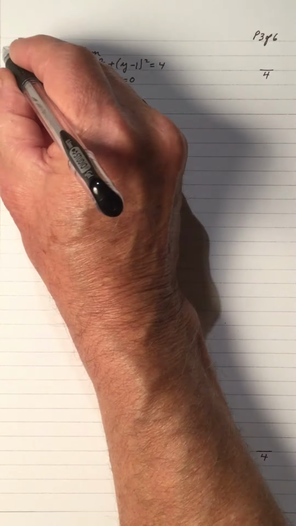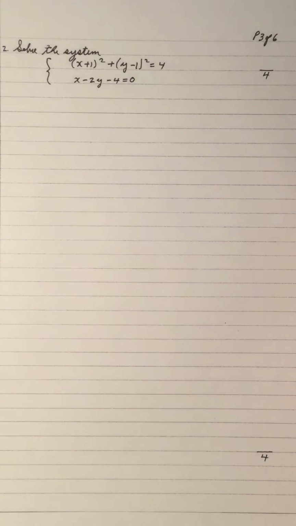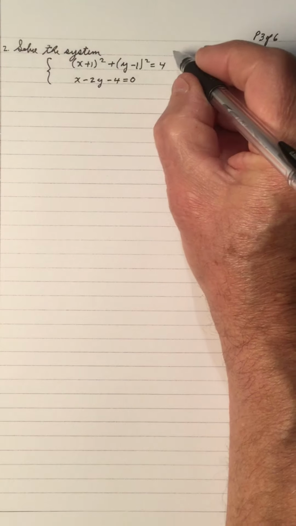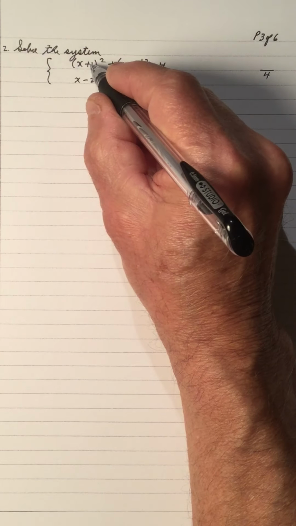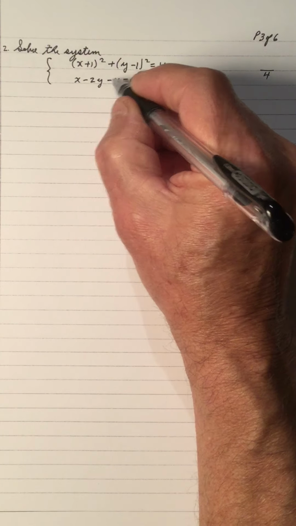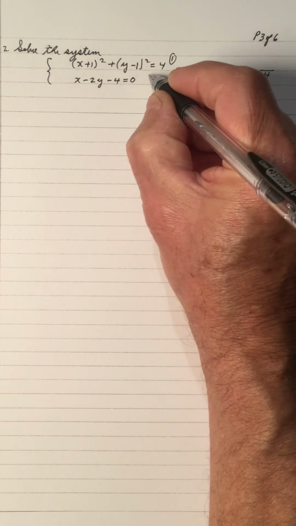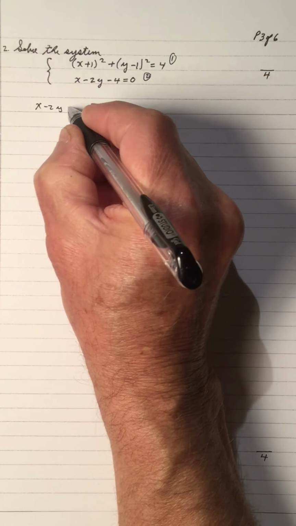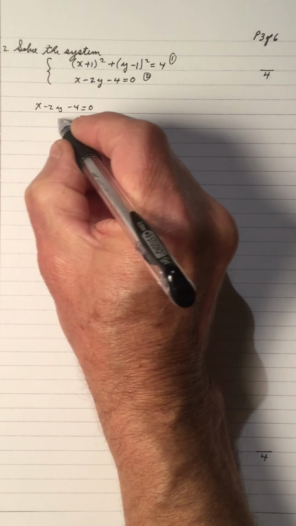And this is number 2. And we're going to solve this system. Again, we have a circle and a line. So this is a circle whose standard form is center radius. And equation of a line, so we'll call this equation 1, equation 2. So let's take equation 2 and again solve it for y.